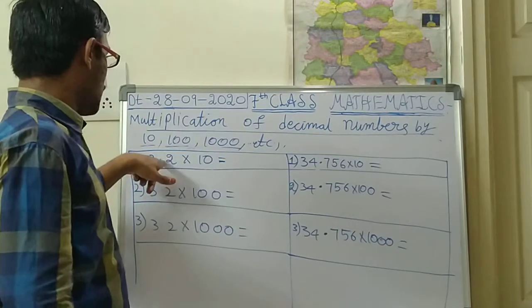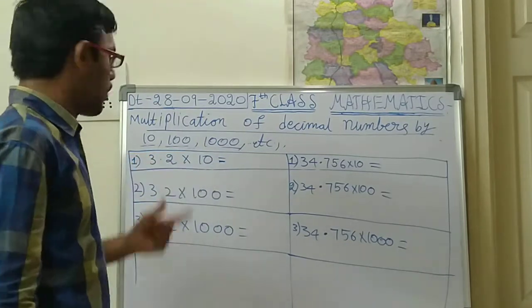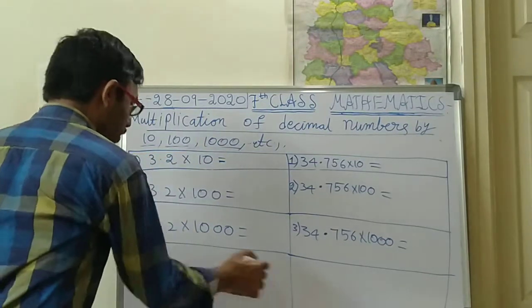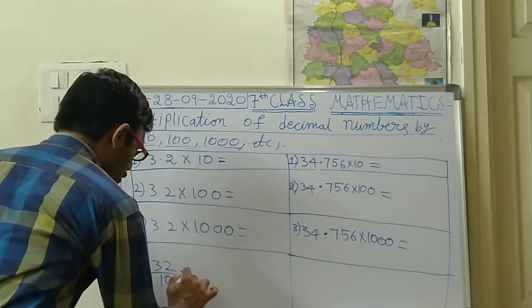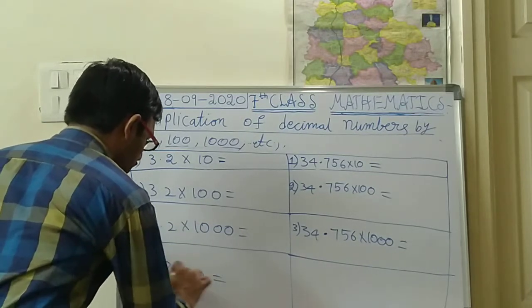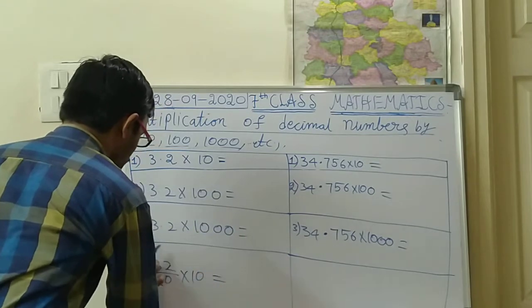Suppose 3.2 into 10. What is 3.2 into 10? So in the rough sheet you write down 32 by 10 into 10. That is what is coming.